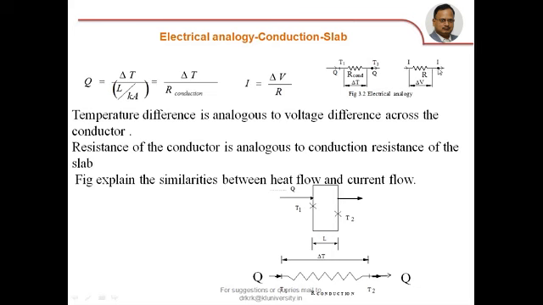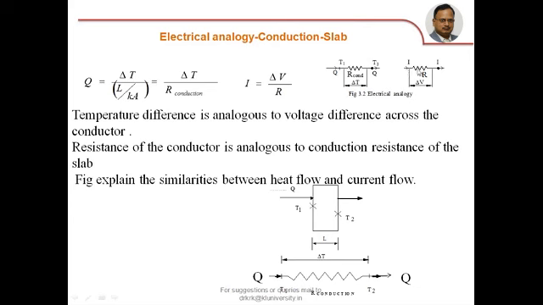Similar to this current flow through the conductor, you have heat flow through this slab. So the current is analogous to heat. Like the potential difference across the resistor, you have a temperature difference across the wall.